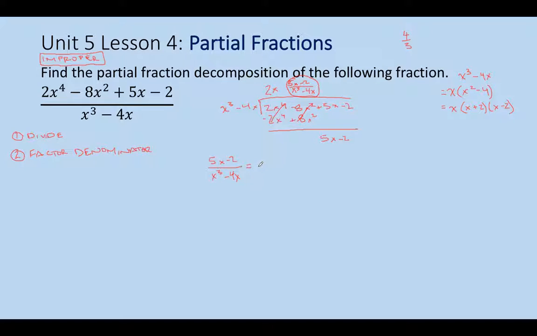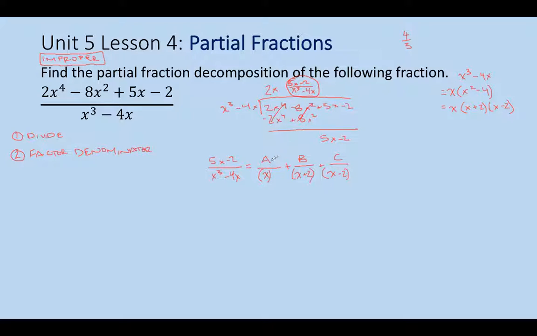Then I'm going to take this denominator and split it up into its factors to make my partial fractions. So I'd have A over x, plus B over x plus 2, plus C over x minus 2. I've got all three of my factors that would combine to make this right here.